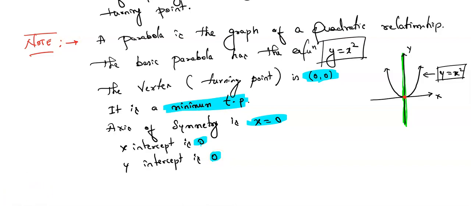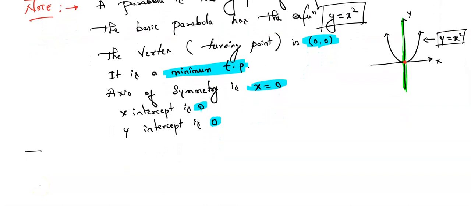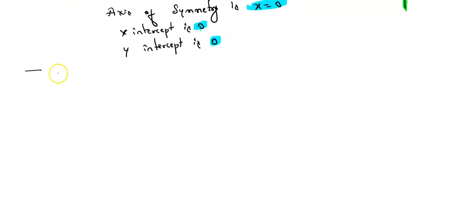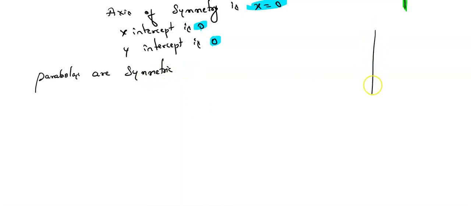Okay, good. Now let me see the important fact. What do you mean by axis of symmetry? Can you define that? Very easy, very simple. The parabolas are symmetric. What do you mean by that? As you can see, this is my parabola.